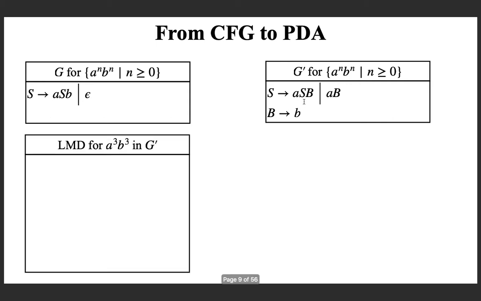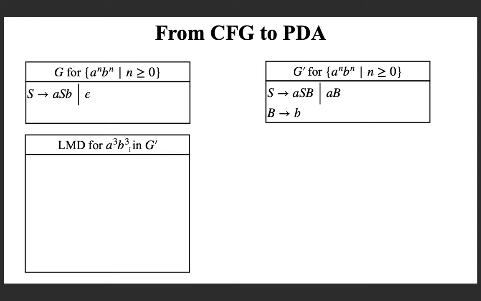Now, look at a string which is in the language represented by G prime. I should write it as L of G prime. So, a^3 b^3 is a string in the language of G prime. What would be the leftmost derivation, LMD, for a^3 b^3?